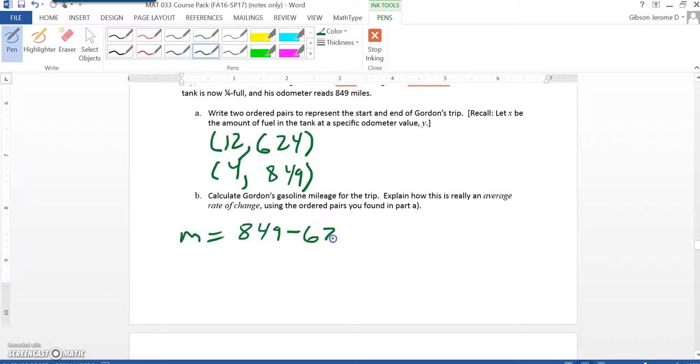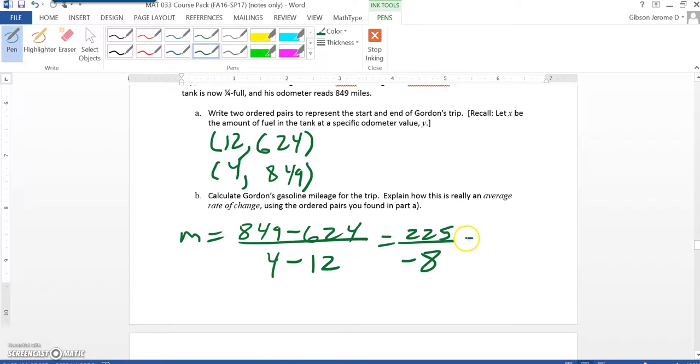Y sub 1 is 624. Divided by x sub 2 is 4 minus x sub 1 is 12. So now we will add 225 for our numerator and negative 8 for our denominator.